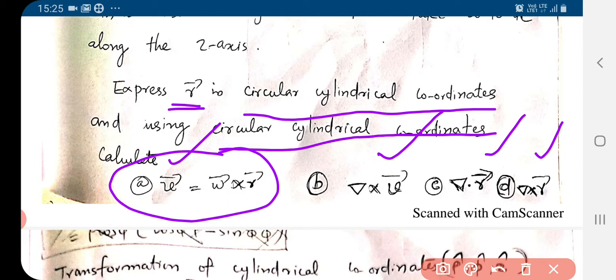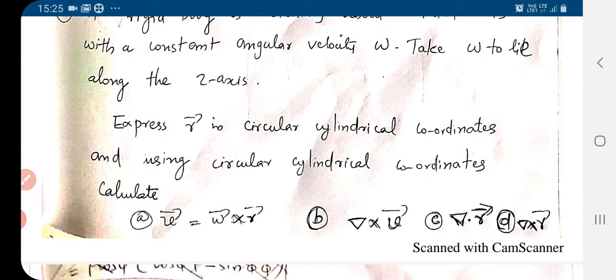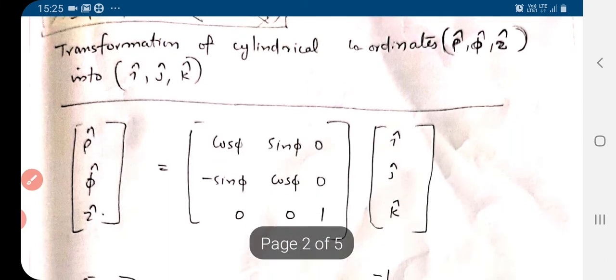Here r is a position vector in the cylindrical coordinate system. Now to determine vector r in cylindrical coordinates, since we are going to perform all these operations in the cylindrical coordinate system, first we have to know the vectors r and omega in the cylindrical coordinate system.